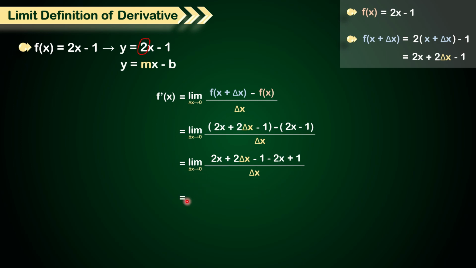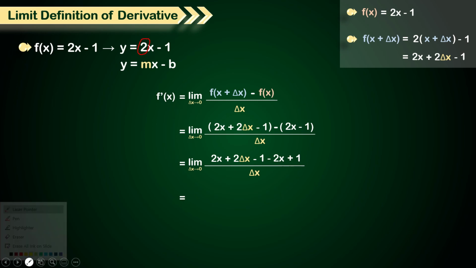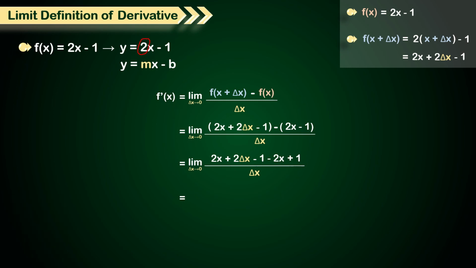Combine similar terms. 2x minus 2x is 0, and negative 1 plus 1 is 0.